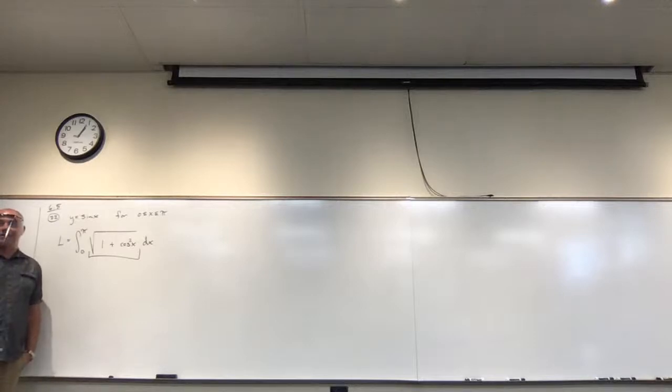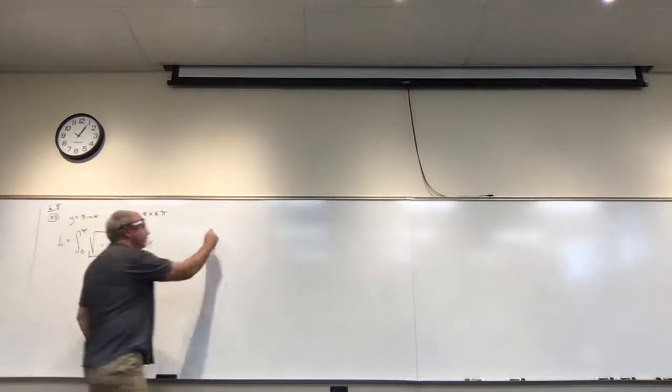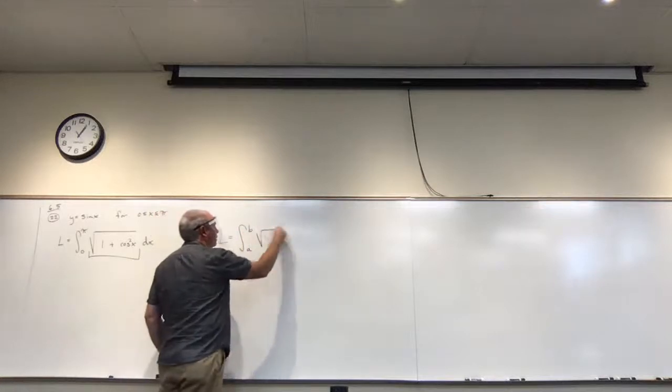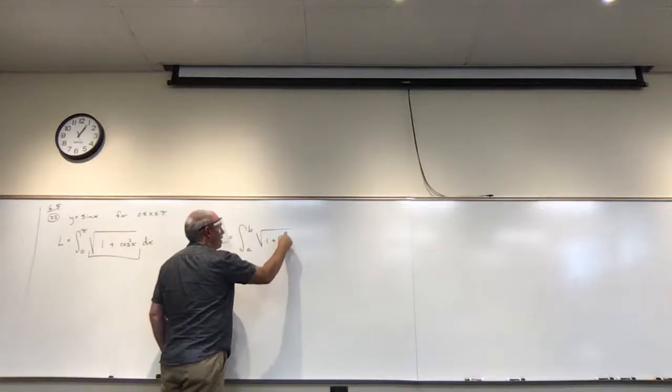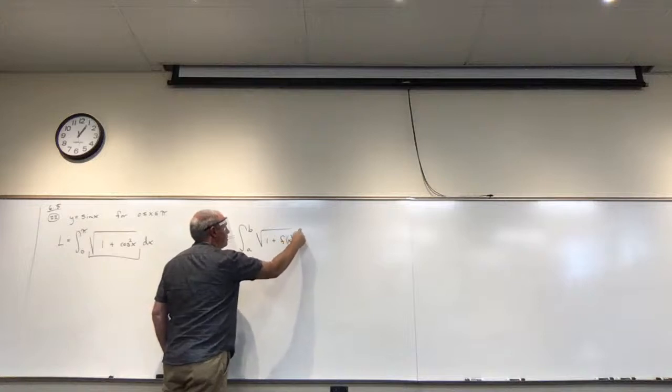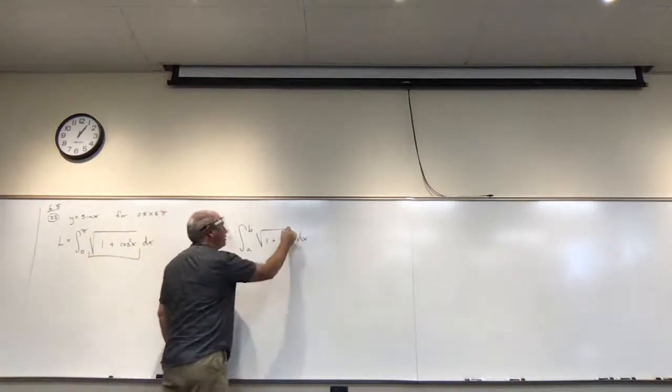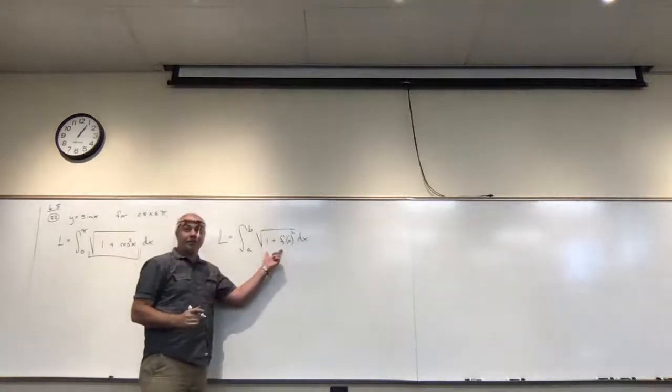Does that make sense? What we're doing is, the length in general is the integral from a to b of the square root of 1 plus f prime of x, squared, dx.